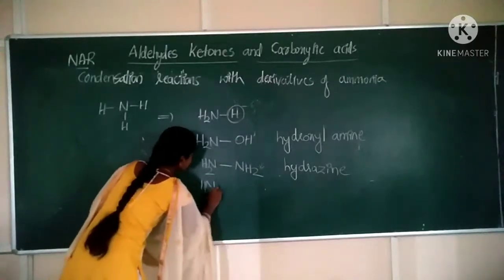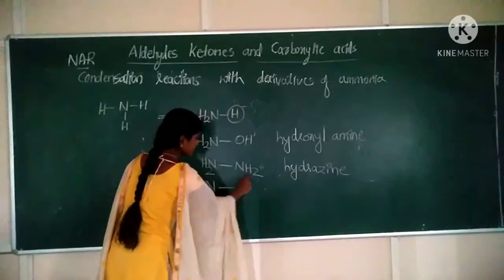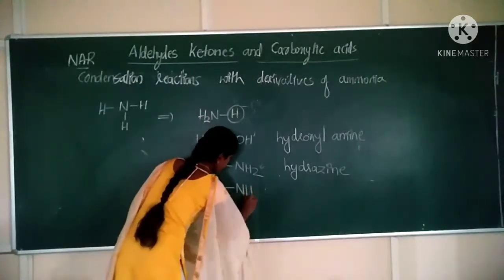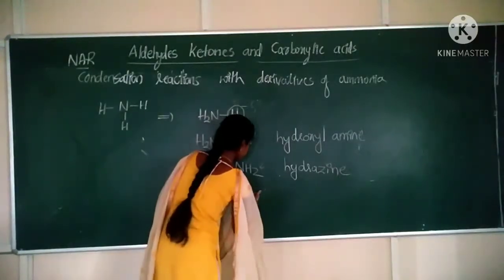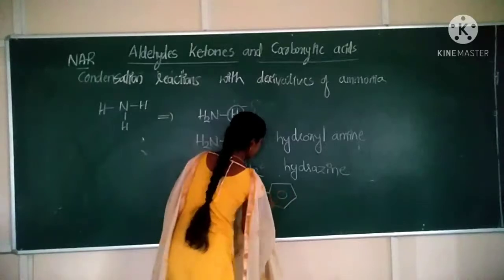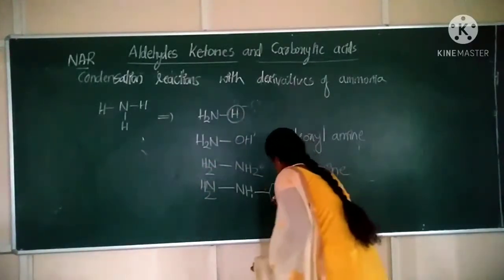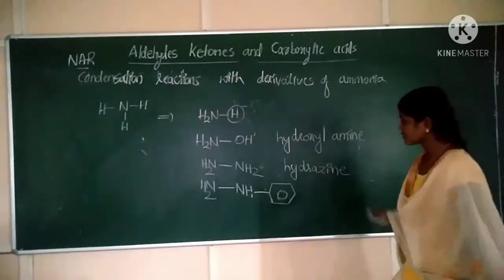Next, NH2 same. Now this NH2 same, NH same, and one of the hydrogens is replaced by a benzene ring. At that time I can call it a what? Phenyl.